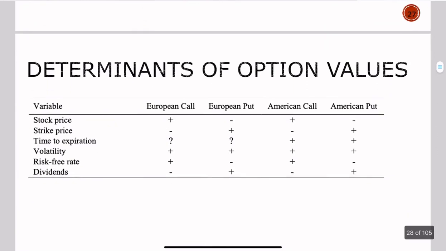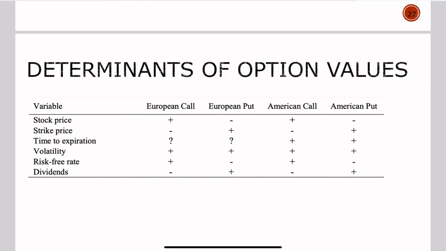Okay, now let's talk about the second topic, right? Second topic about general rules on option values. So now we want to think how the value of call and put will be affected by different variables, different determinants. Right?